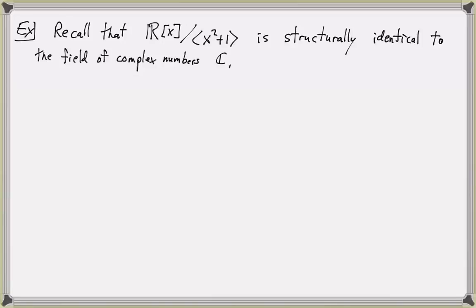So by the previous theorem, the ideal generated by x squared plus 1 is maximal, because the factor ring is a field.